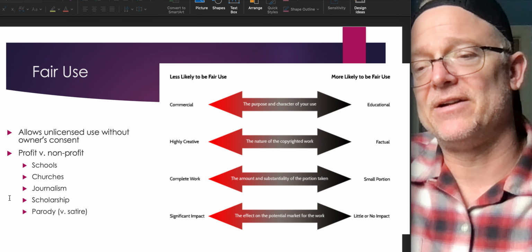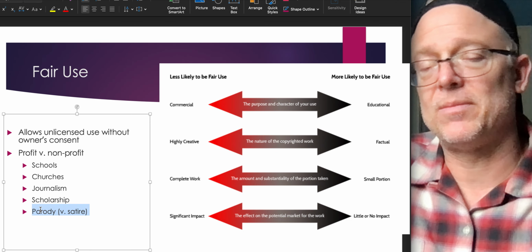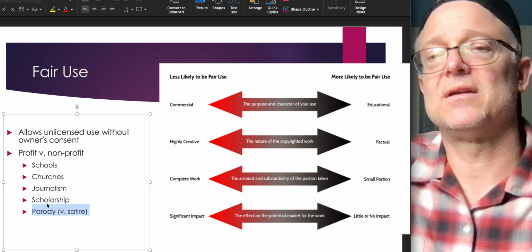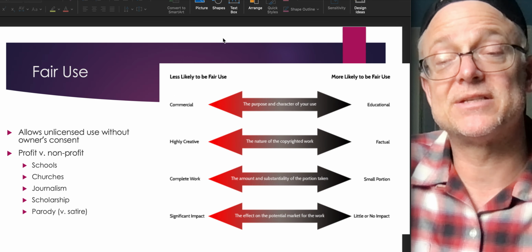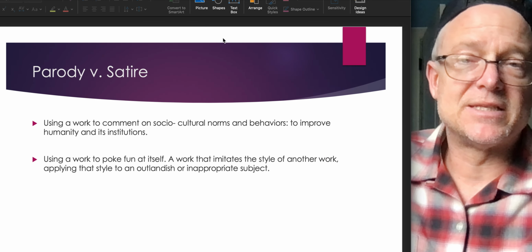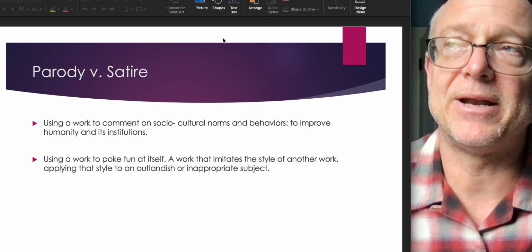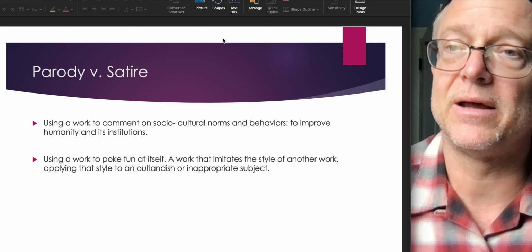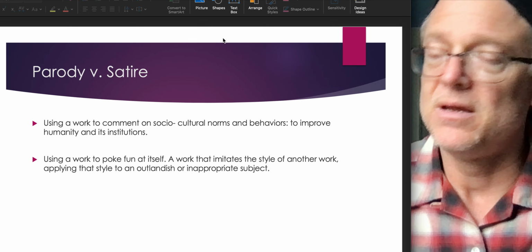And then this last area, parody versus satire, is probably where you've got most of the contention about what is or is not fair use. So the distinction between parody and satire, anybody who knows Weird Al, right? He's a famous parodist.